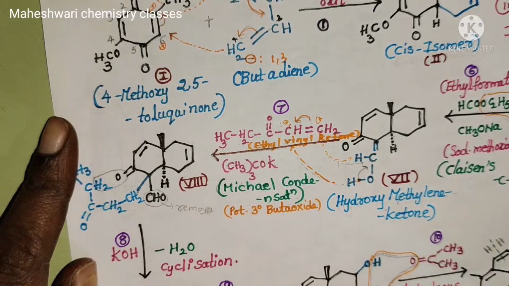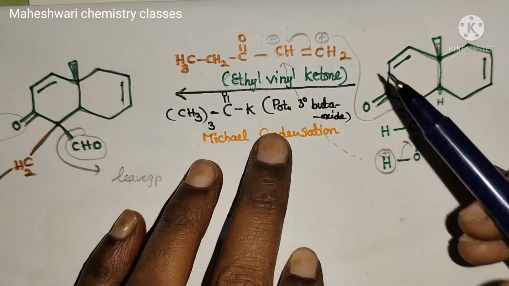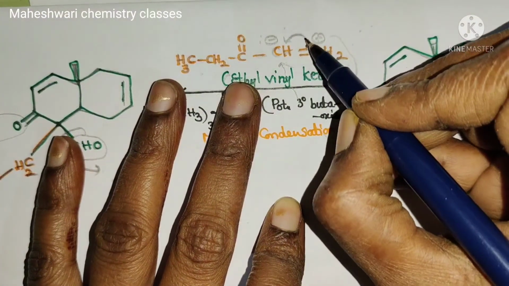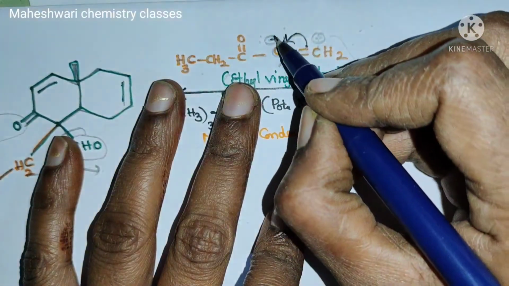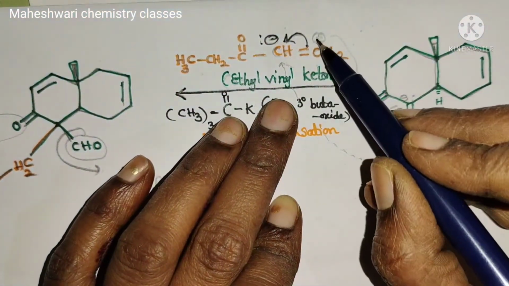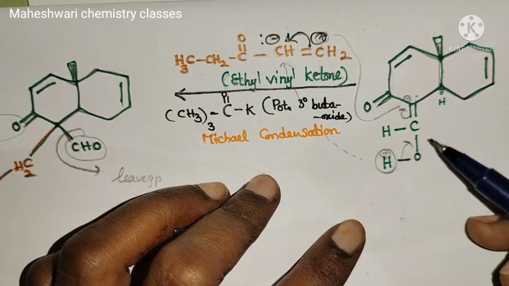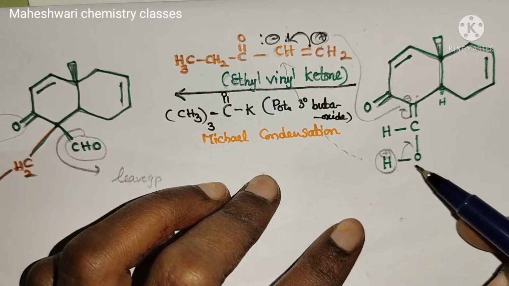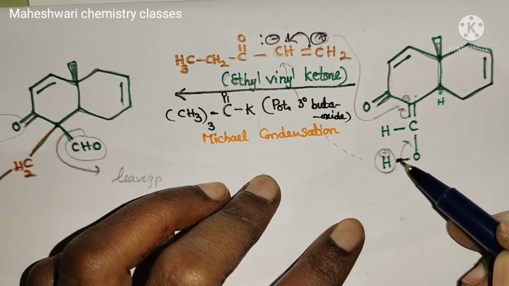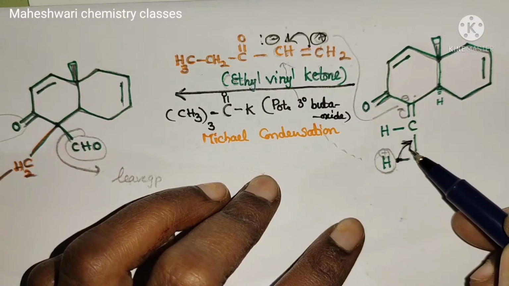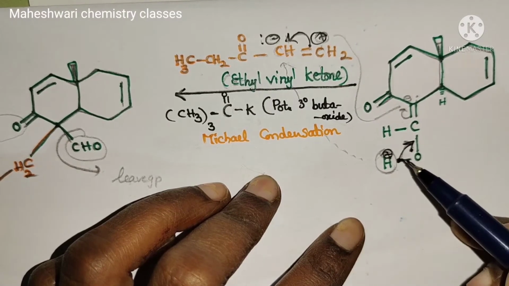How? See here. Like this. From the vinyl, this pi bond is rotated towards this side. Here a negative charge, here a positive charge. From here, the OH group containing hydrogen, the electron moves towards this side and it is eliminated as a plus charge.